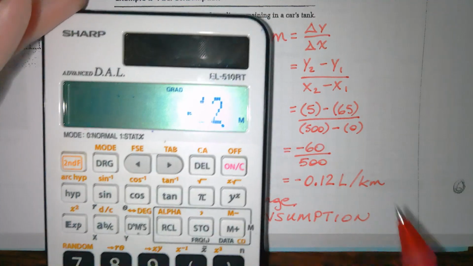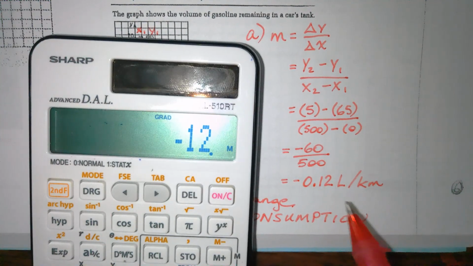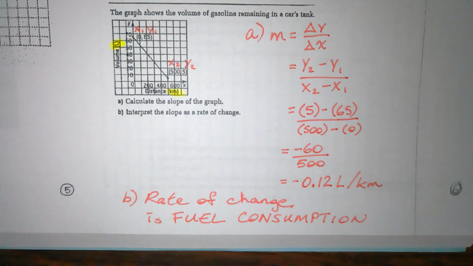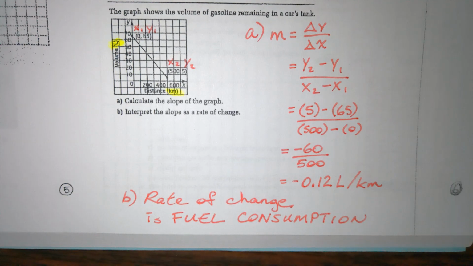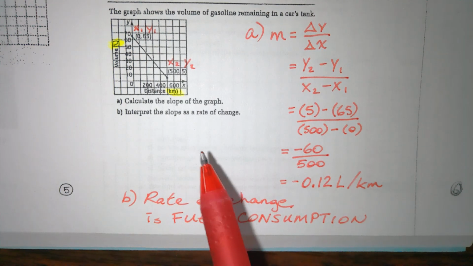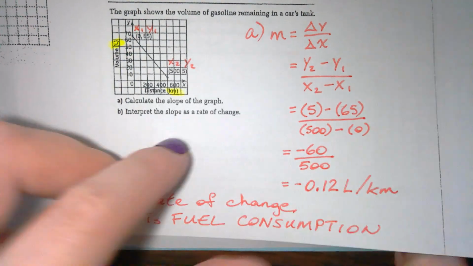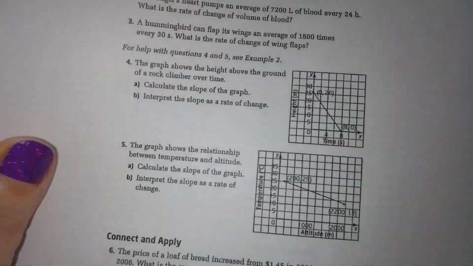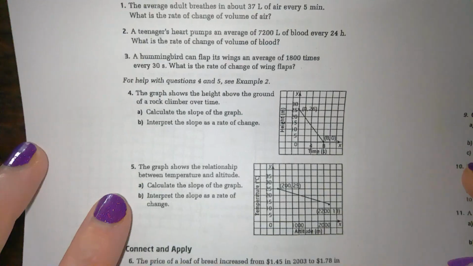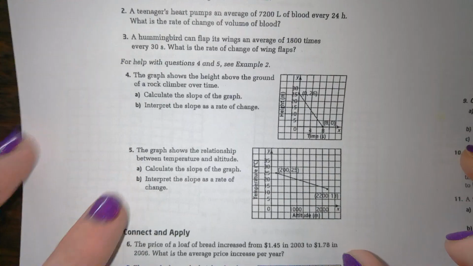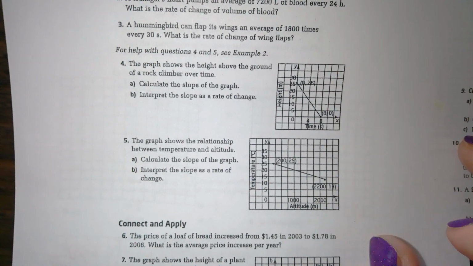So that means this car goes at 12 liters per 100 kilometers, which is pretty high, actually. Okay, so these application problems, it's just figuring out what the rate of change represents.